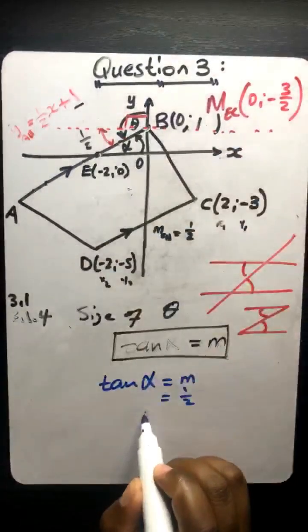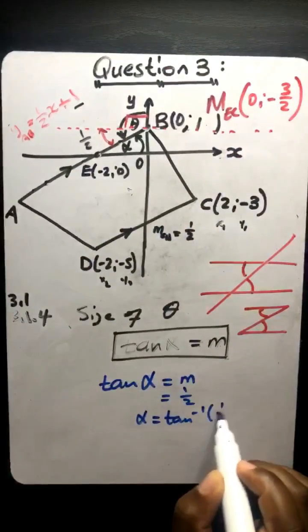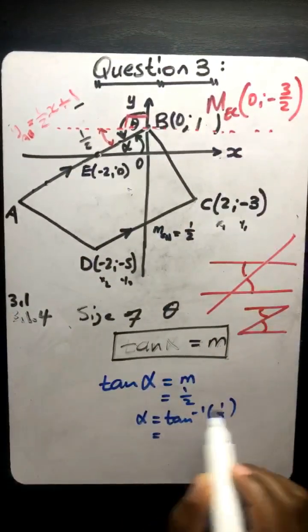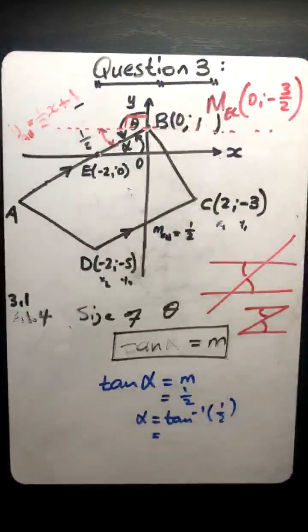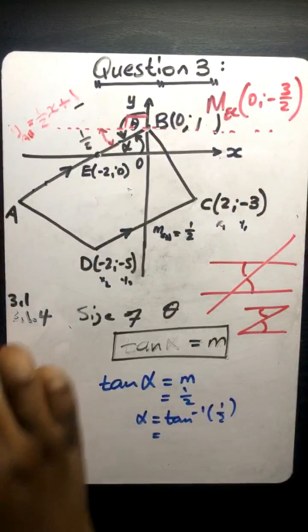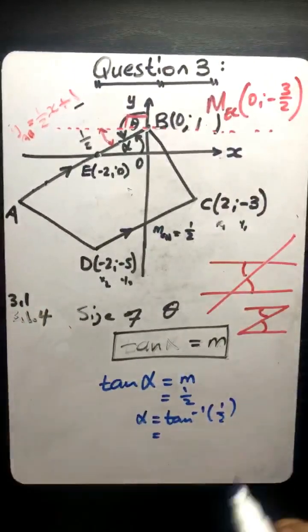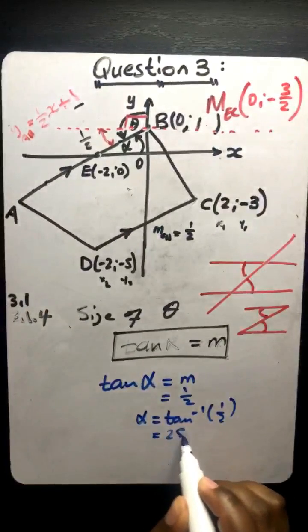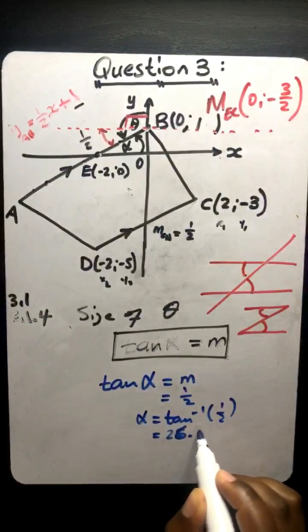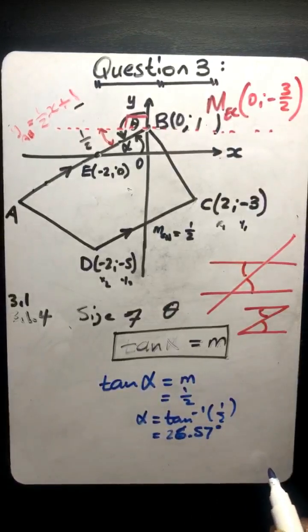So that means alpha is equal to the inverse tan of a half, which is what is that? Let me quickly see. Inverse tan of 0,5 is 26,57 degrees.